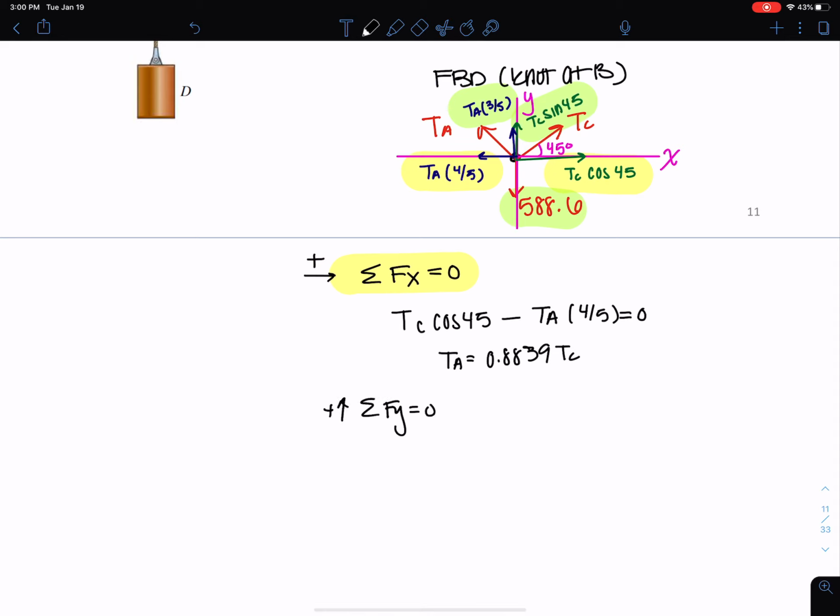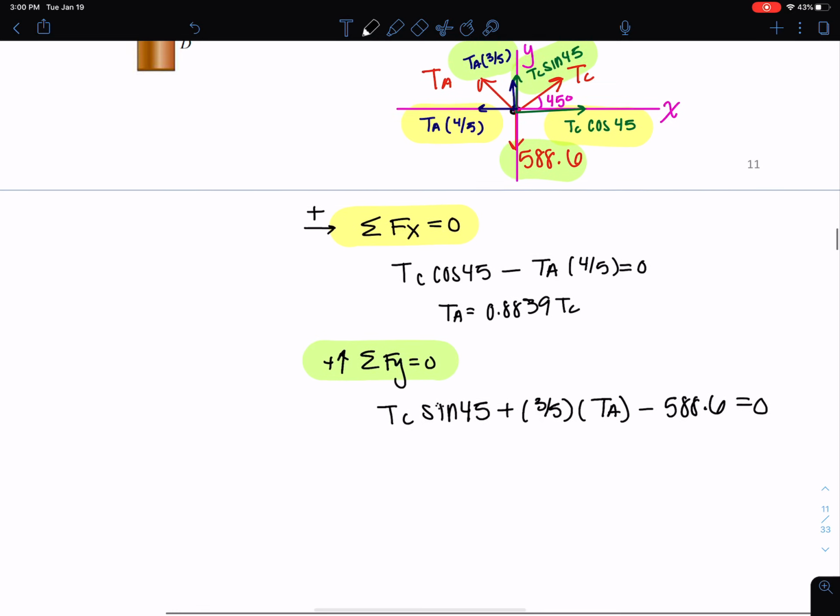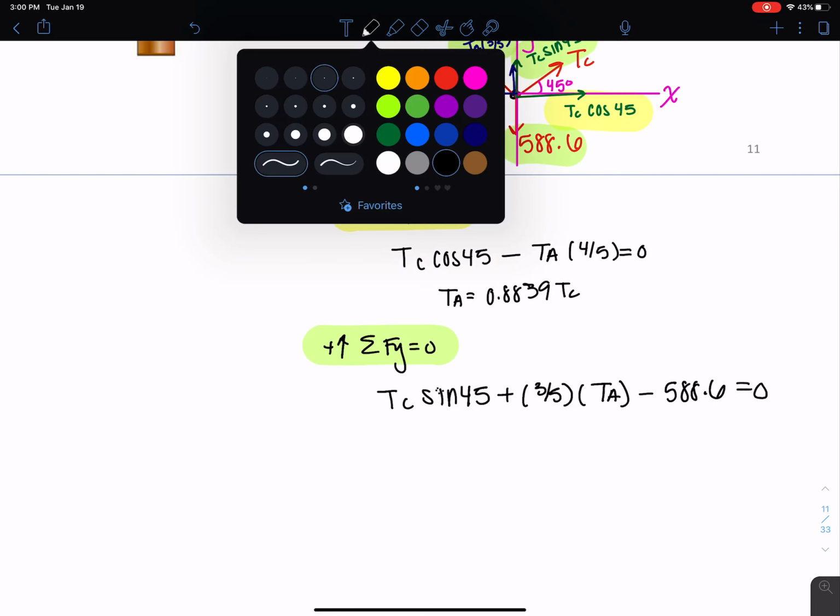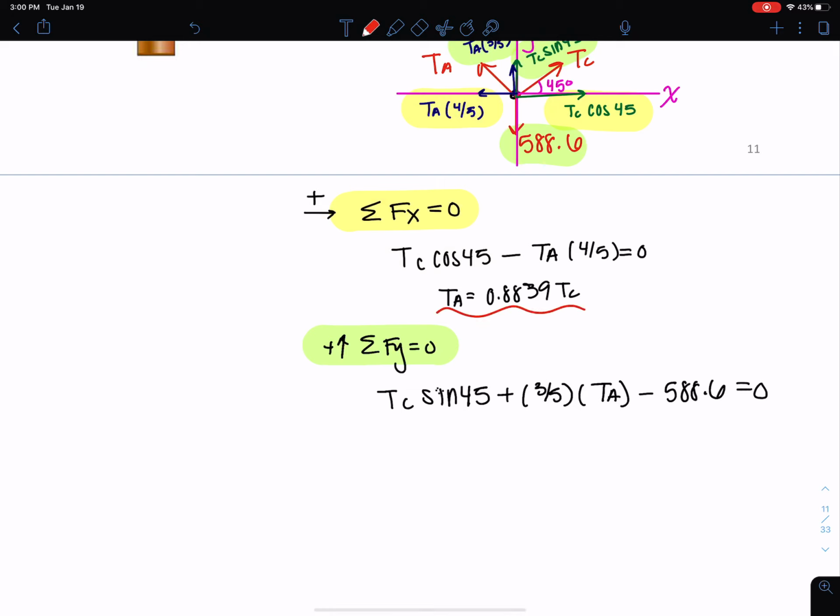Now I use my second equation of equilibrium, and this is going to sum everything in green. So I have for the green TC sine 45 plus 3/5 TA, and then minus the 588.6 equals 0. I'll write it out and then directly plug it in. Now I'm going to take this and plug it in for TA here.